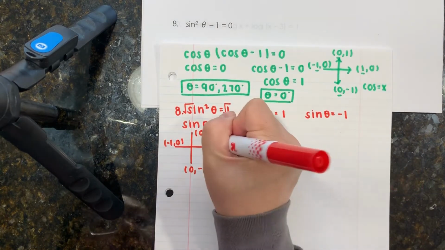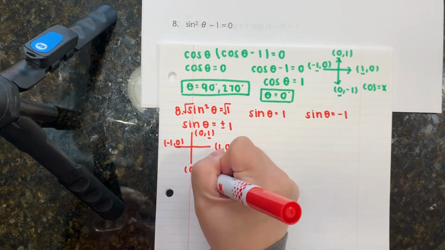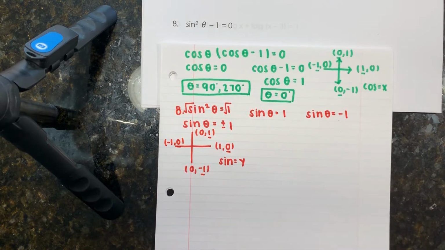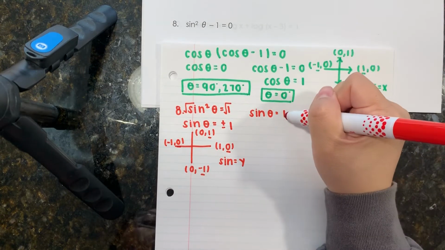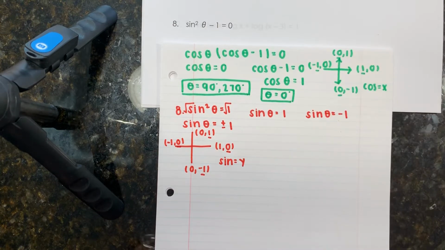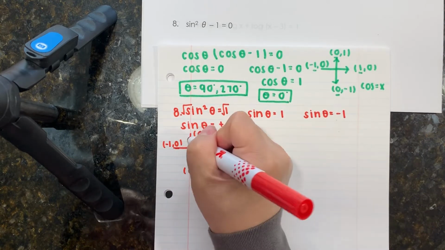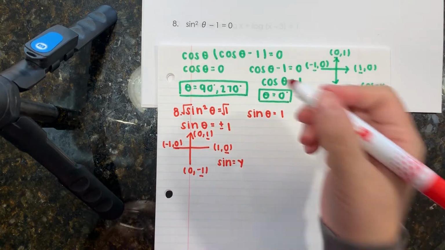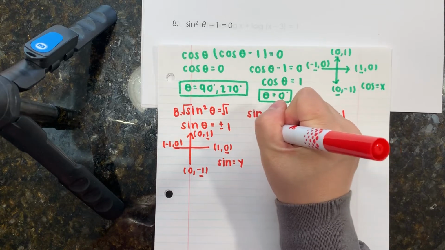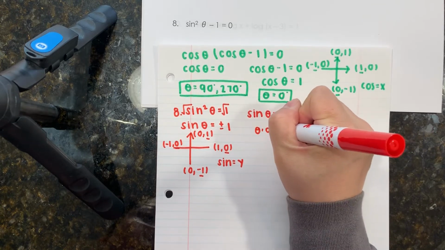So I'm going to go through and underline all my y coordinates. Now for the first one, I'm looking for where the y coordinate is equal to positive 1. At what degree is the y coordinate equal to 1? If I go through this chart, there's only one place where my y coordinate is equal to 1, and that is at 90 degrees.